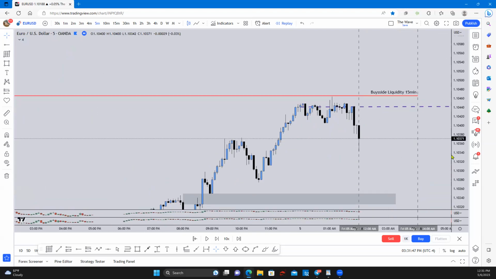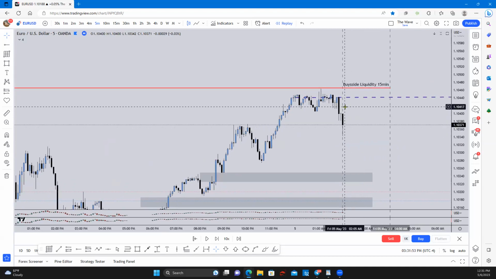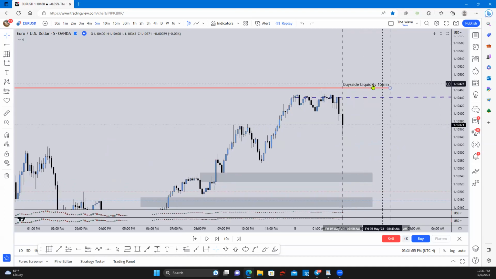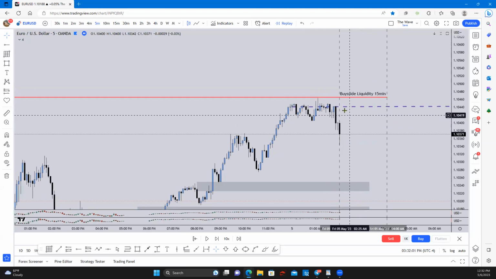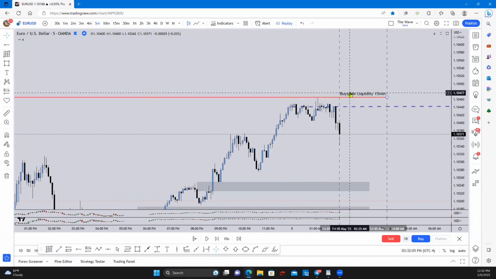Now we want to see the London session, from 2 a.m. to 4 a.m., take out liquidity. We have buy side liquidity here, meaning there are buy stops here, from people who take the traditional retail breakout buys.